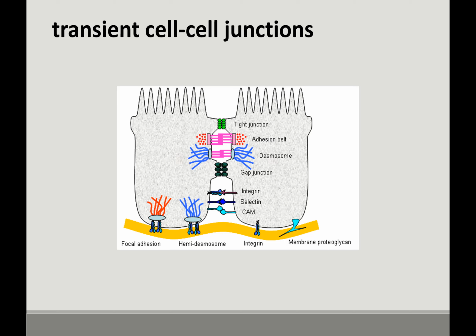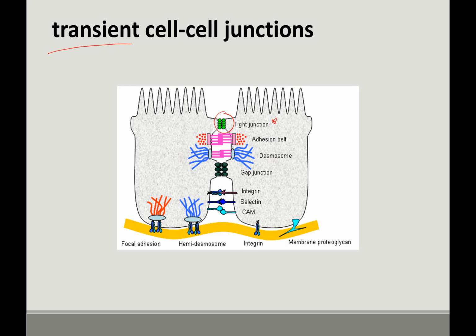Then we have something called a tight junction, and that's right up here. And tight, no, not tight junctions. I'm sorry, not reading my slide. Transient cell junctions. These are tight junctions up here, but that's not what I'm supposed to be talking to you about in this slide.